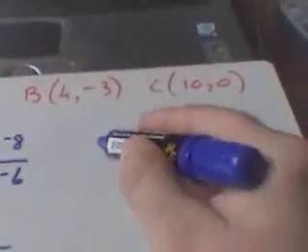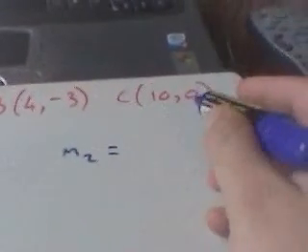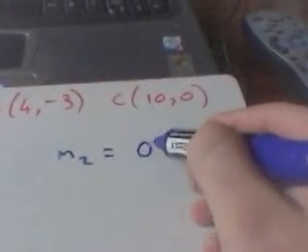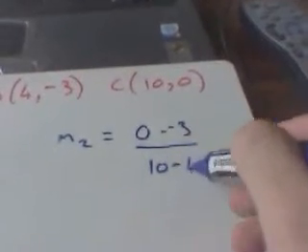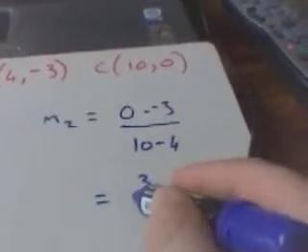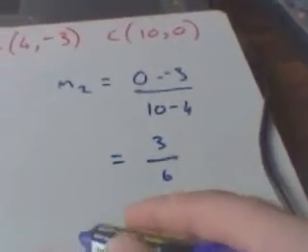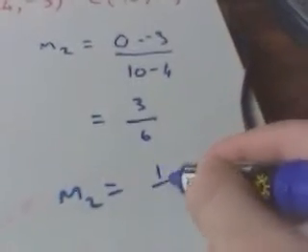Between B and C, so we're going to call it M2, we have 0 minus -3 over 10 minus 4, which gives us 3 over 6, which gives us an M2 of a half.